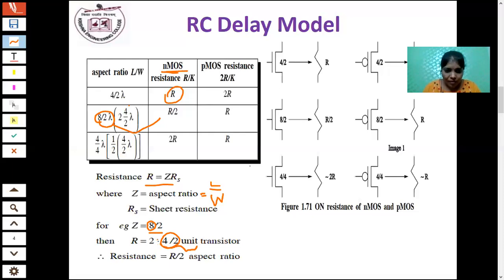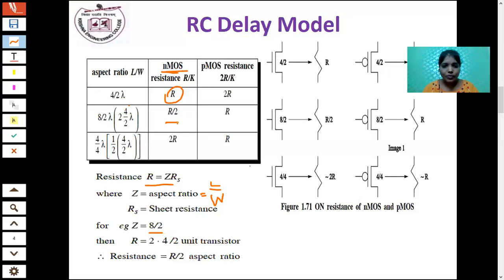Here I am having a 2, so I just cross multiply it. You will get resistance equal to R by 2 for the NMOS transistor.